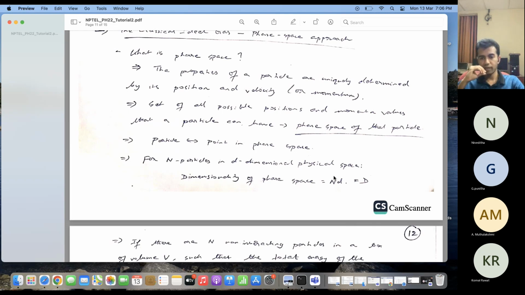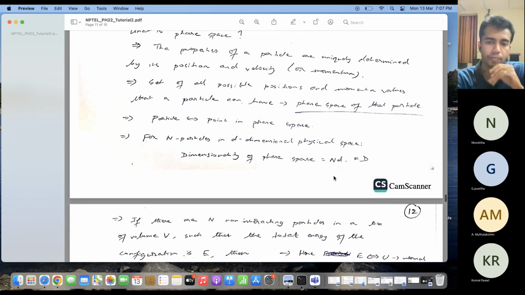So this part is clear. For example, if I have a particle in a three-dimensional space, then it can be defined by three position and three momentum coordinates, so I have 3 plus 3, 6 coordinates defining one particle. And if I have N particles, then I will need a total of 6N coordinates to quantify my system as a whole. So this is the dimensionality of the phase space of my system.